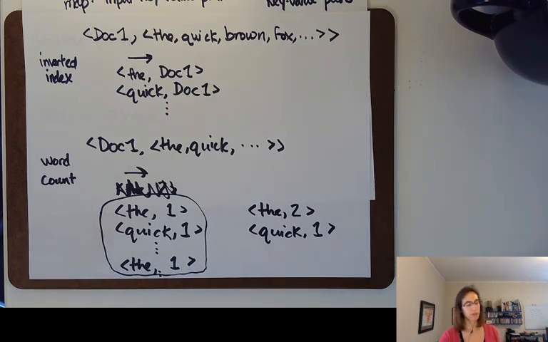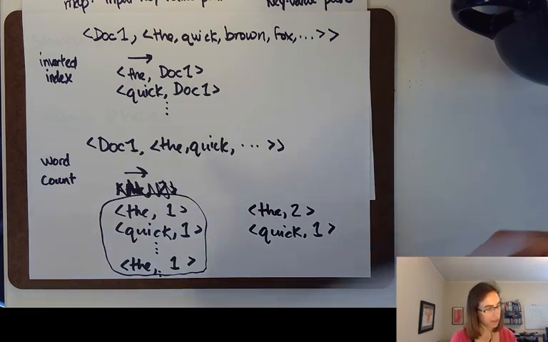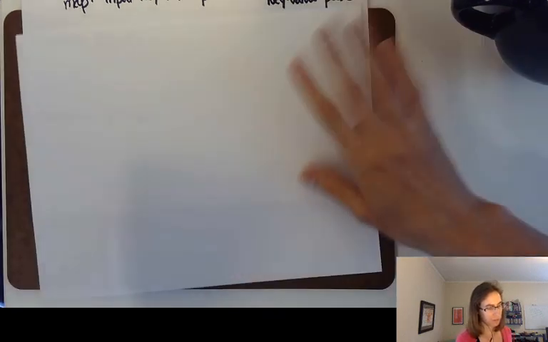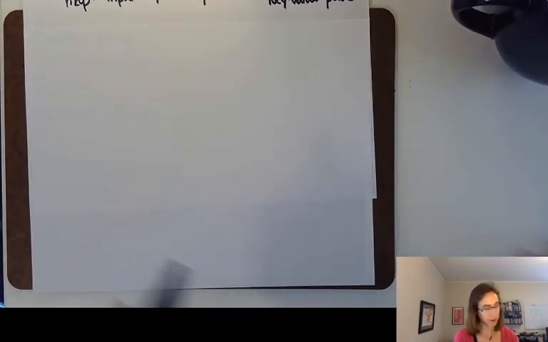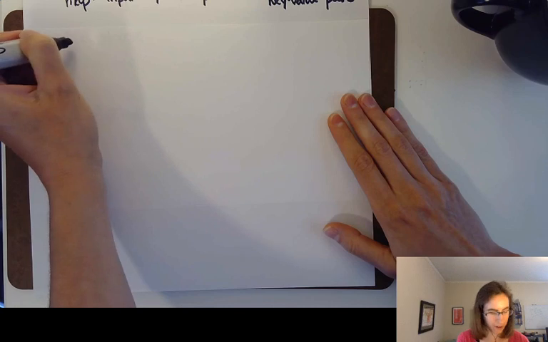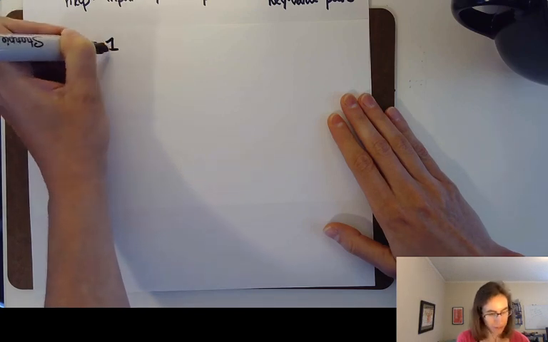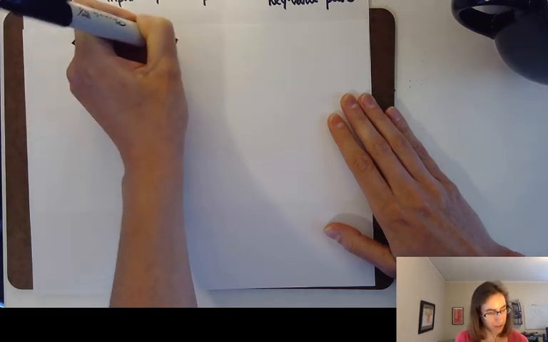What should the map function produce then? Again, assuming that the input is one of these pairs of document identifier and word list.